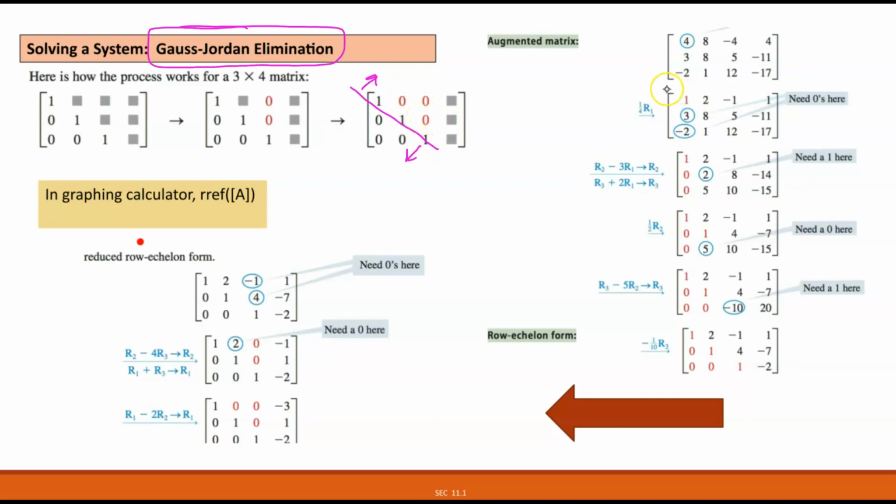And again, our goal is the 1 and then the zeros, the 1 and then the zeros. Once we get that 1 with zeros below and zeros above, we already know how to write these solutions because that's what we worked on in the last part.